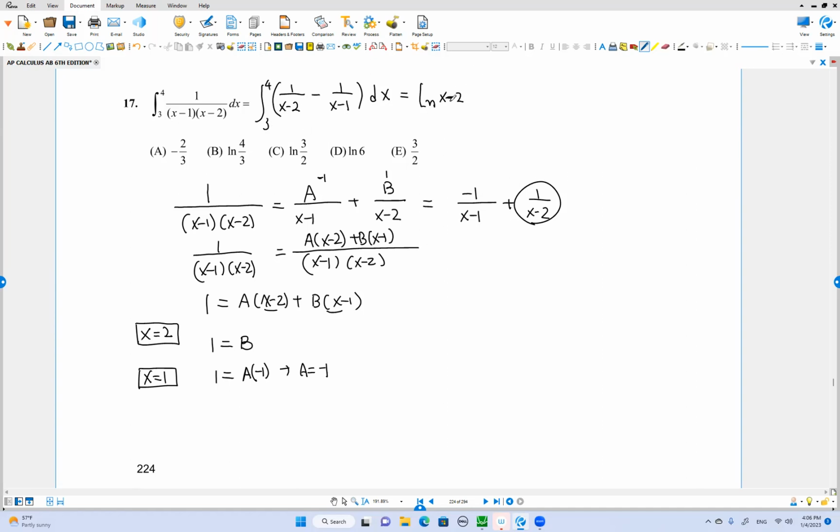Because there is a 3 and 4, both numbers are positive, so we don't need the absolute value, though you can use the absolute value, it doesn't matter. Minus ln of x minus 1. We take the integral from 3 to 4.